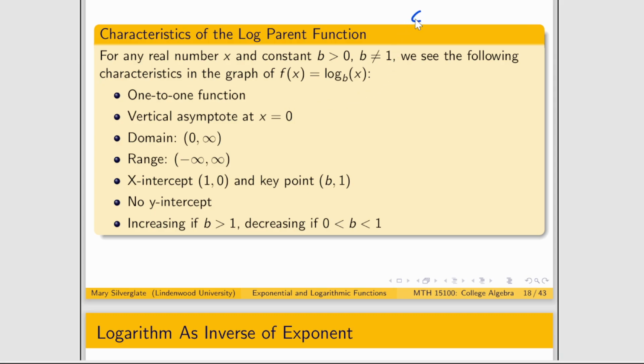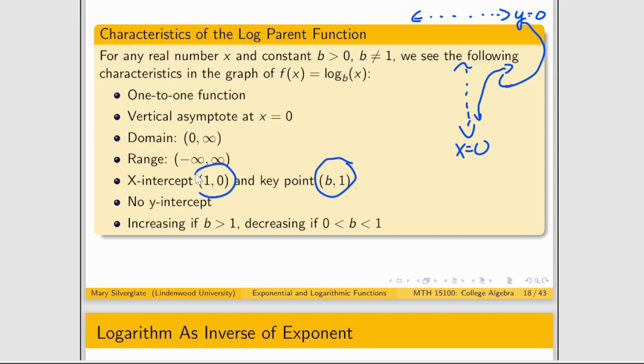In the same way that an exponential graph had a horizontal asymptote at y equals 0, that flips for a logarithmic graph having a vertical asymptote at x equals 0, dealing with that domain where we can never quite hit 0, but we are allowed to hit numbers that are arbitrarily close to 0, such as 0.0001. For the range, that's negative infinity to infinity, because we're going down to negative infinity and up to positive infinity in both directions.